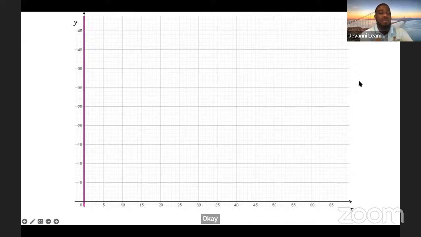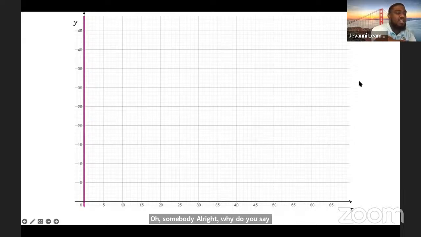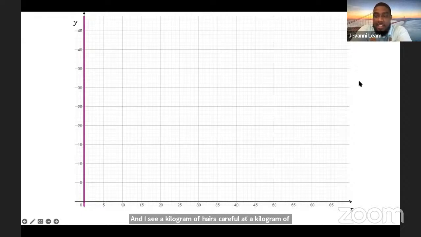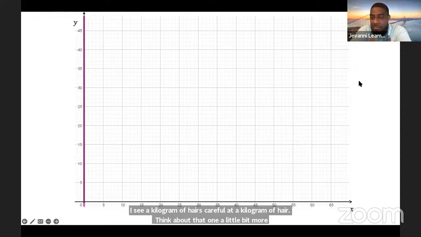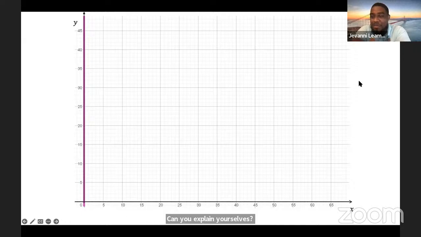Oh, I see somebody said y equals 0. All right. Why do you say y equals 0? And I see an x equals 0. And I see a kilogram of pears. Careful of the kilogram of pear. Think about that one a little bit more. Can you explain yourselves, McCarthy and Manika? Remember, you're using variables right here, so it's either x or y.